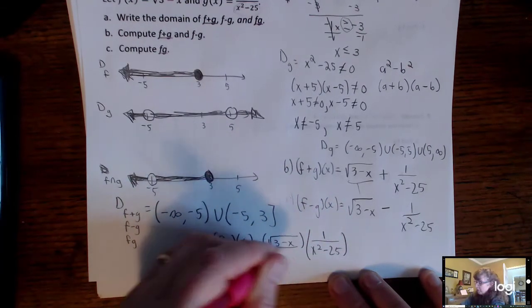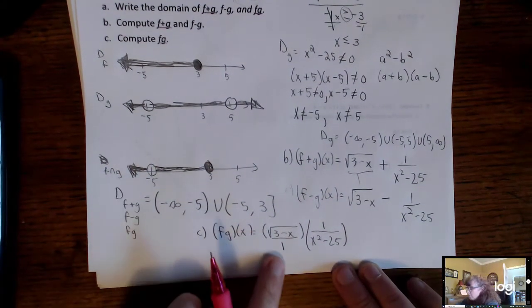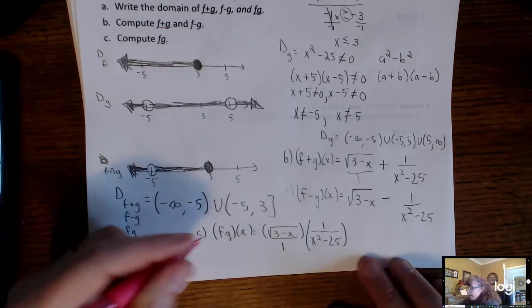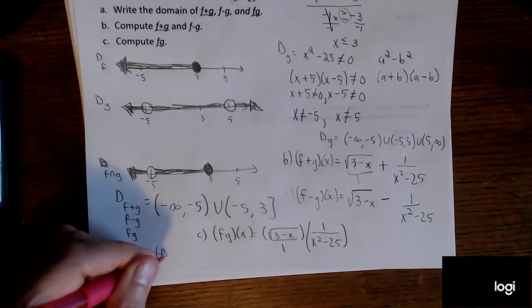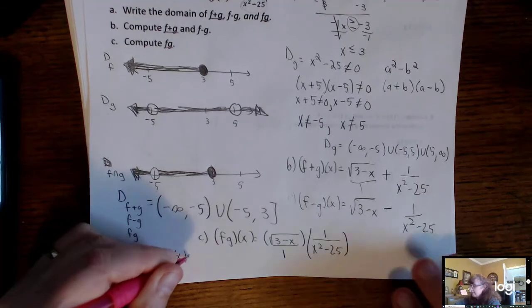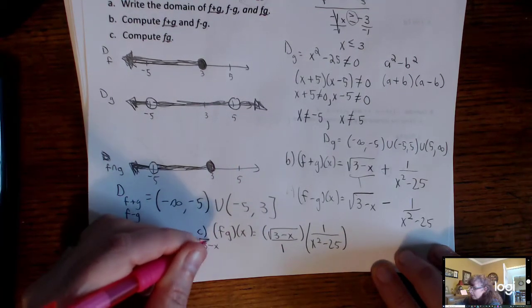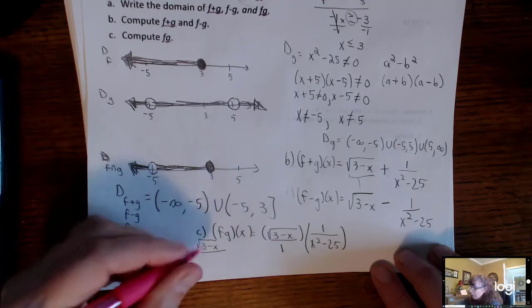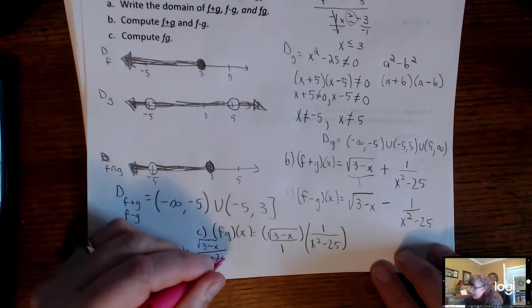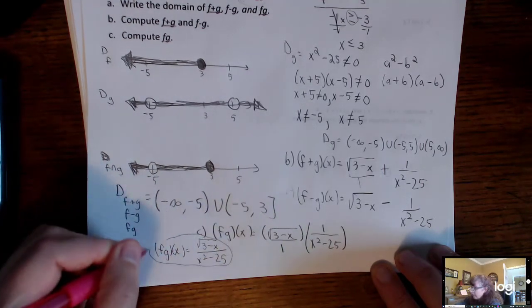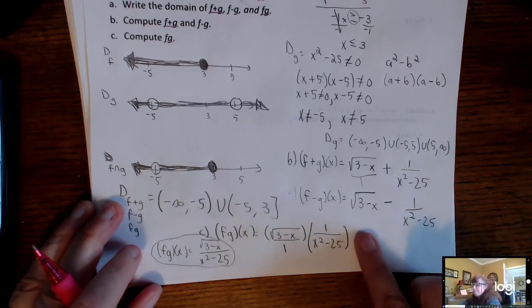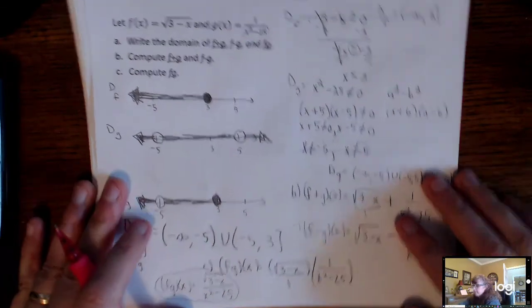And you can multiply fractions together. So if you put a 1 over that, you can combine that and say that your final answer is square root of 3 minus x times 1 is square root of 3 minus x over 1 times x squared minus 25. And you can make that into one fraction. But those you couldn't. All right, that's it.